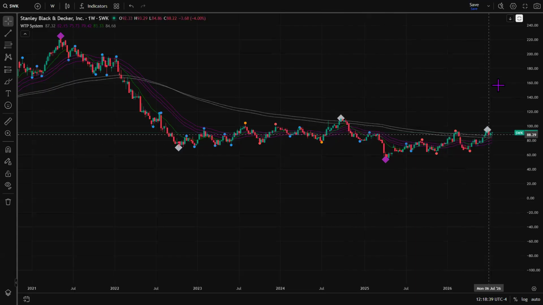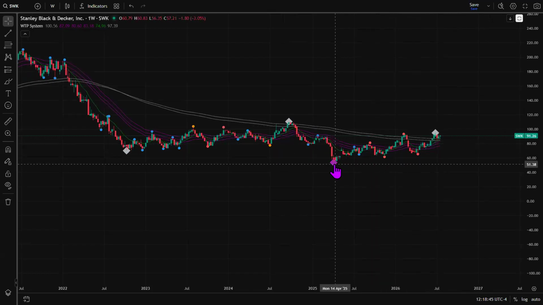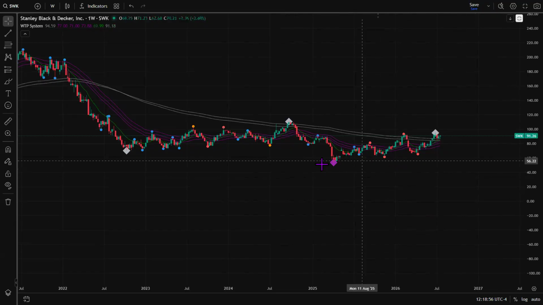And now this is, yeah, 1, 2, 3, 4, 5. This is looking like it's a five-wave move up. Wave 3, unless this is a leading diagonal, let's just have a look. Yeah, this looks like a leading diagonal.